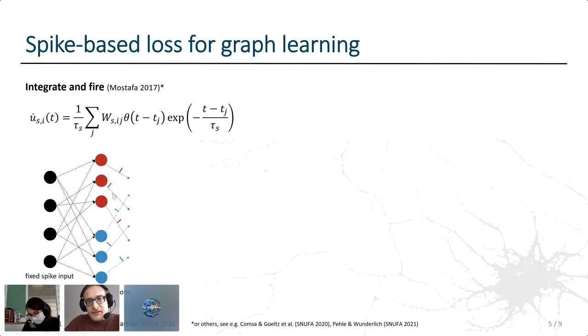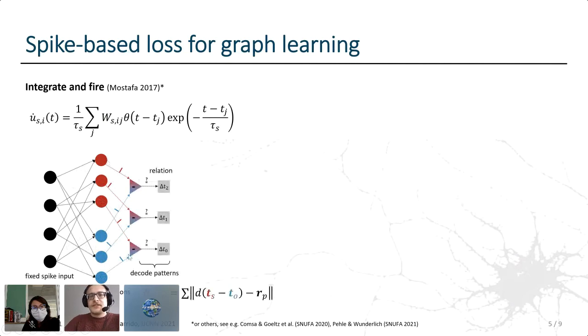And these spike times now, these patterns, represent the node embeddings. This is what we then use. We take the time differences, then we can decode the patterns and see, compared to the relations, whether a relation should be true between these two populations or not. This is exactly this theta function, but now we have the spike times here, and again, the relation embedding.